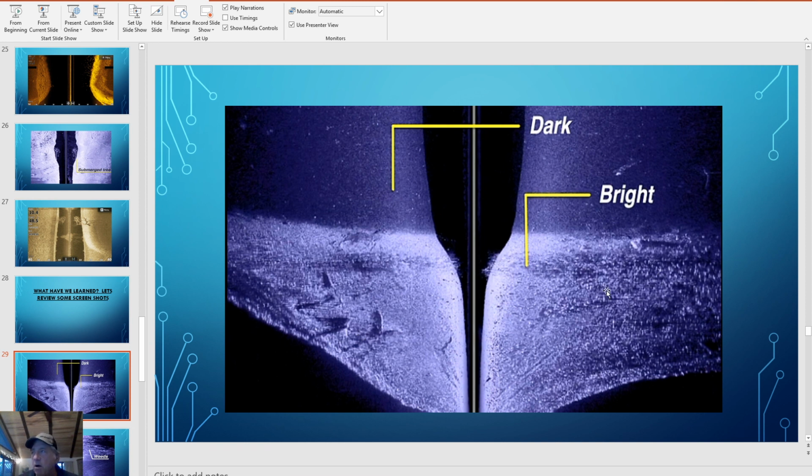And again, notice all those white dots right here that we saw in previous slides. That point actually has some of that similar weed growth right on top of it, but then we drop off into a deeper, perhaps much softer bottom, as shown by this darker sonar return than up here.